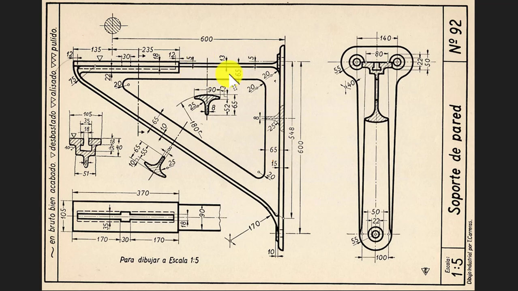It seems to be very easy to create this triangle and so on, but if you take a look here, you see 80 and 100. What is this?